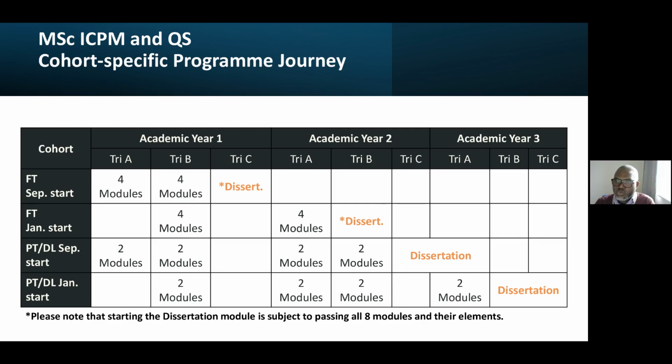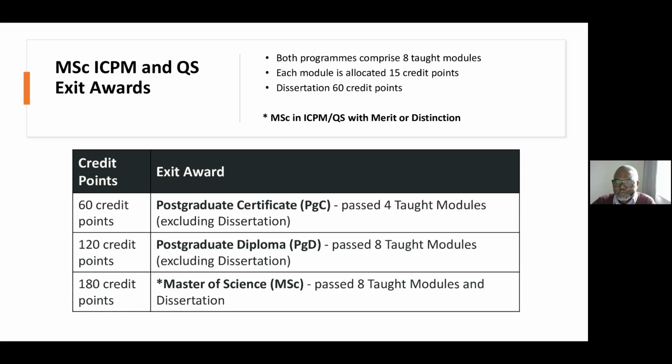However, for you to proceed to the dissertation, you must have passed all the 8 modules that are taught, and any other elements or any other assessment within those 8 modules. The pass mark to proceed to the next level is 50%, and that is how we proceed with this program for students.